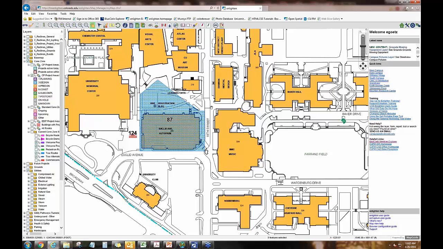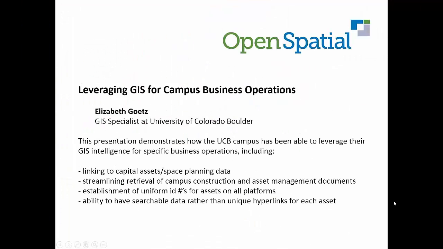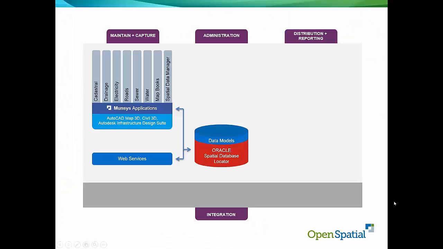Okay. I think also let me show, so this was the introductory slide. Let me just show the other one. So the technology is your central spatial database that you're editing, which is being edited through AutoCAD Map and Civil 3D, as you showed, using the Munsys applications over here.